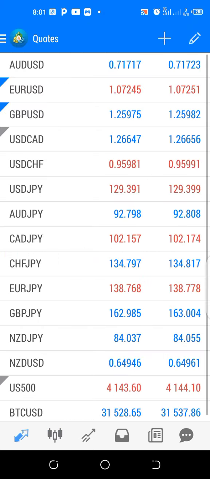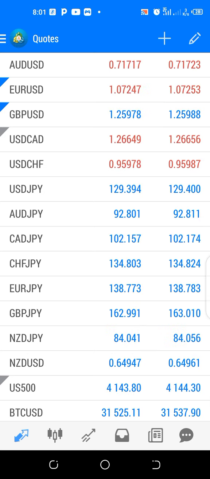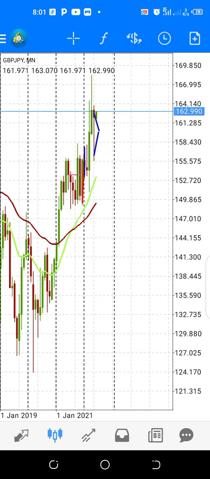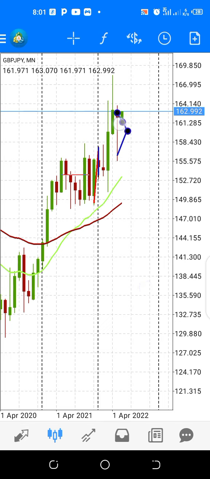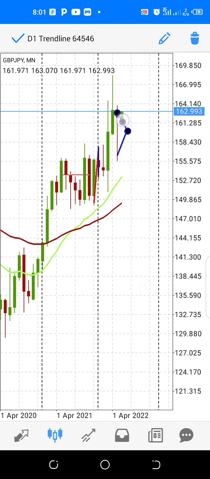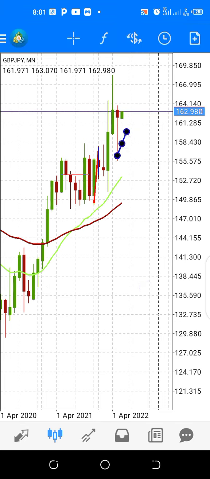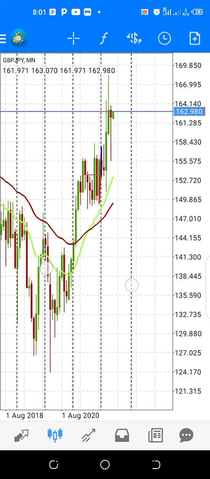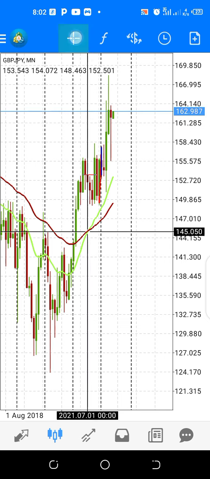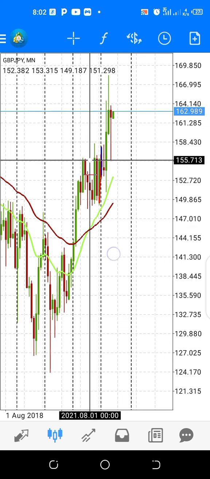Okay, so what else? Okay, this is a pin bar. But this is still an inside bar, so we need more confirmation because the market came down all the way here and it was pushed back.